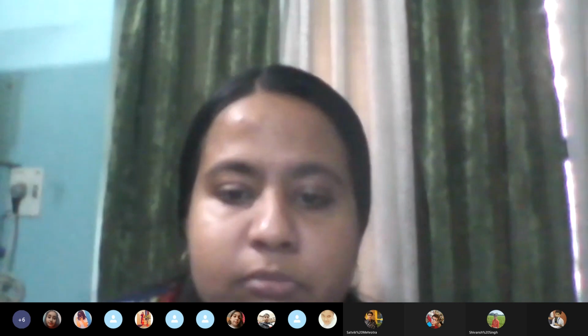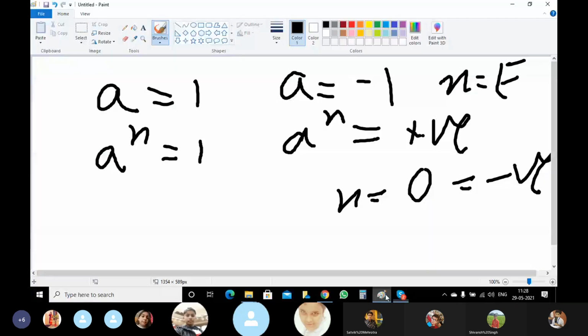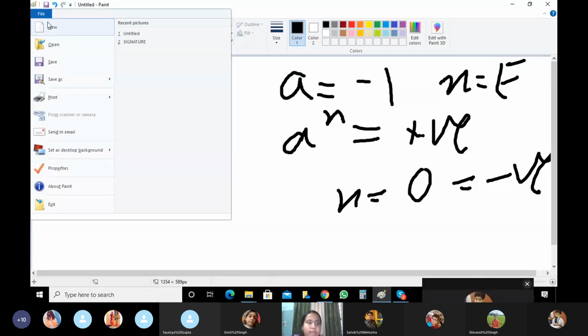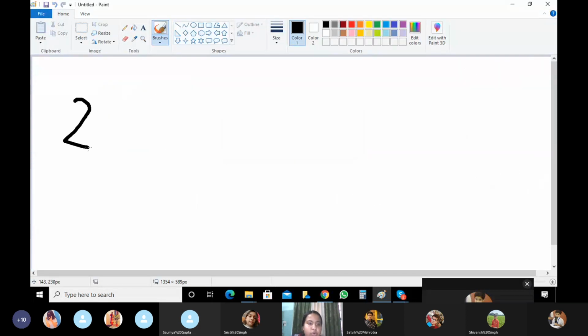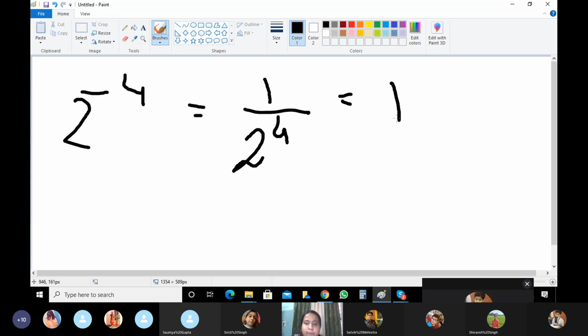See, just now I told you the value of 2 to the power minus 4. We cannot leave a negative power, so first we will find its inverse. So that is 1 upon 2 to the power 4, which is 1 upon 16 in fraction form, and in decimal it will be 0.0625.